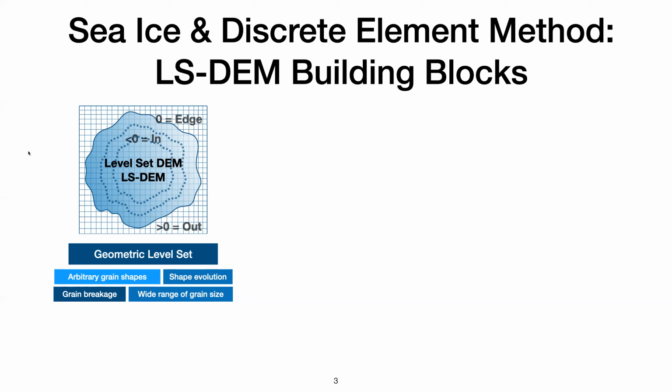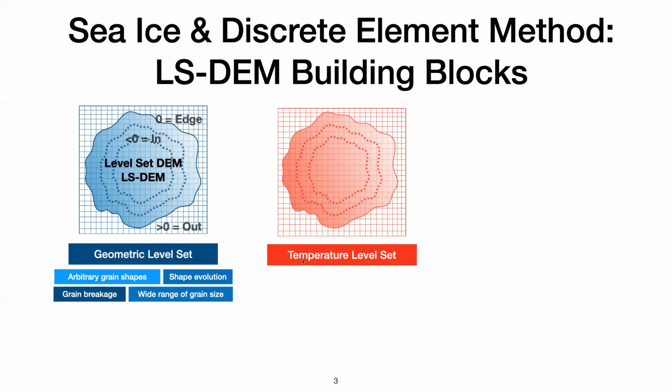So we start with this geometric level set, and we're going to have an equivalent temperature level set twin. It is going to work in a similar way as the geometric level set, but we're going to keep a register of the temperature within the sea ice floe. And what we're going to do is to handle the melting temperature as the zero contour for our level set resolution.